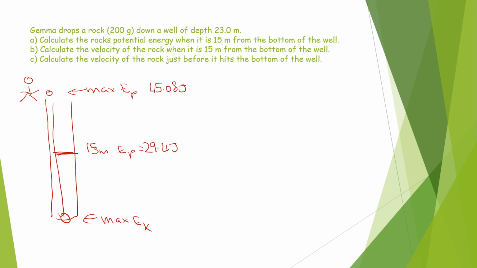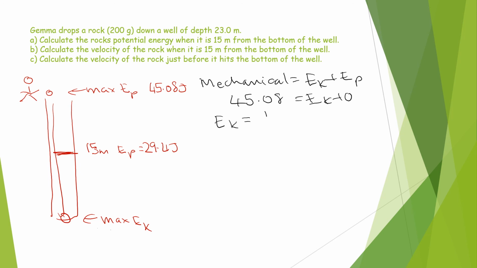Now let's solve part C. It says calculate the velocity just before it hits the bottom. Just before it hits the bottom, all the mechanical energy has been converted into kinetic energy because it has no potential energy left. So 45.08 joules is equal to kinetic energy plus 0. Now that we know the kinetic energy is 45.08 joules, we can calculate its velocity.